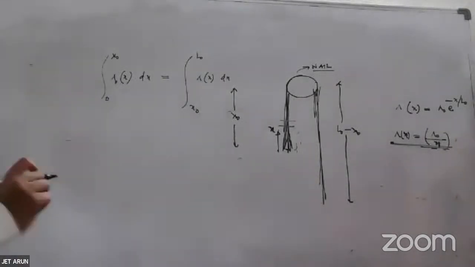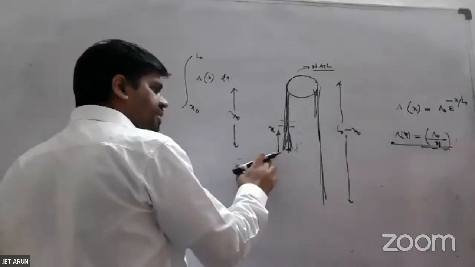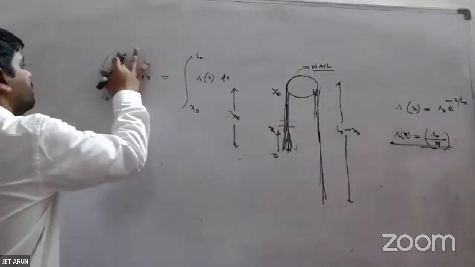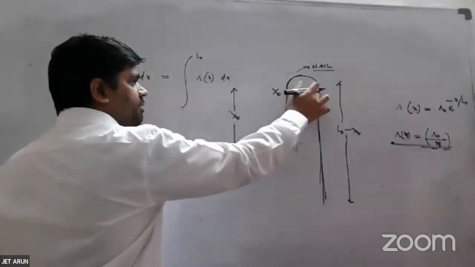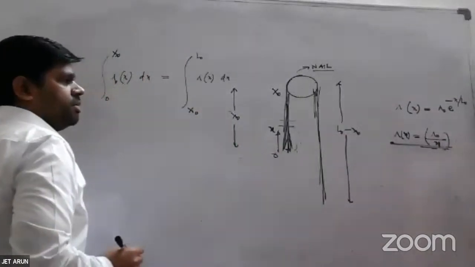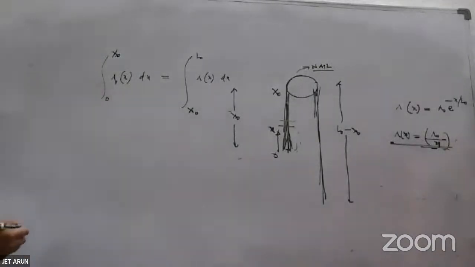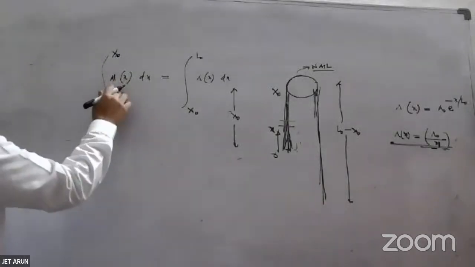Okay, good. So all I'm doing is equating this mass to this mass. And how did I find this mass? Integrating it from 0 to x naught. And how do I find this mass? I integrate from x naught to L naught. That's what the total mass is, right? Can I cancel this lambda of x? I cannot cancel because that's inside the integral.